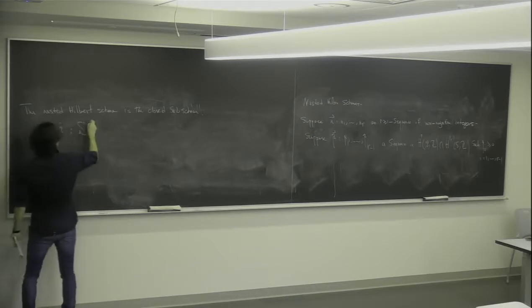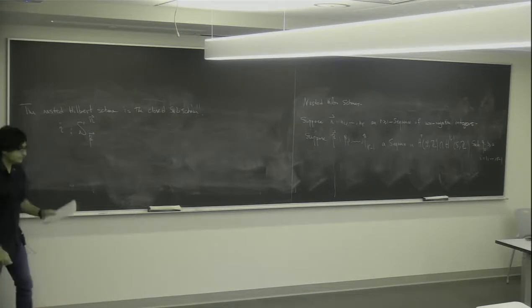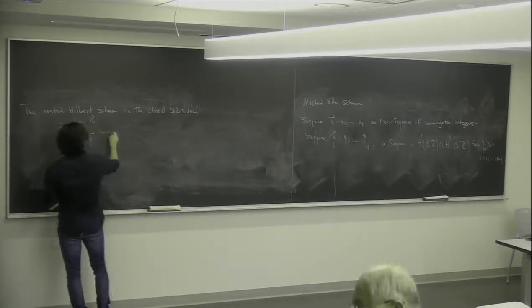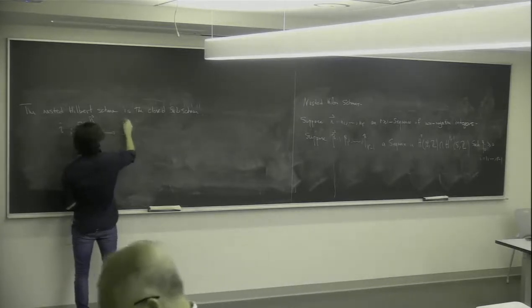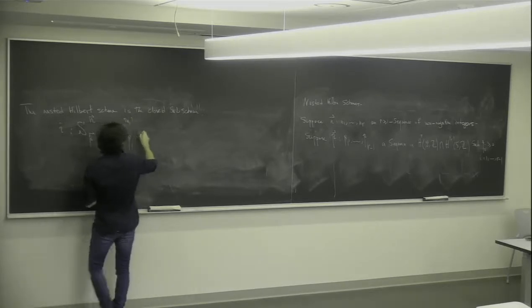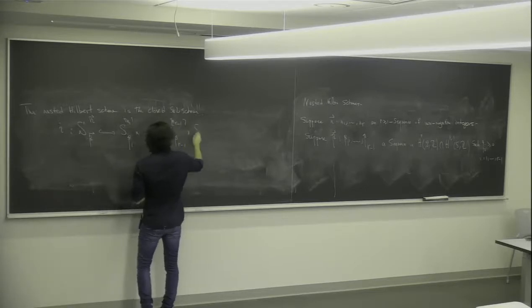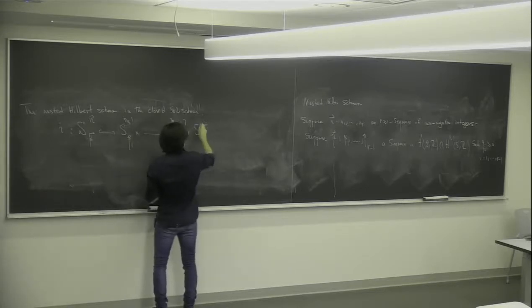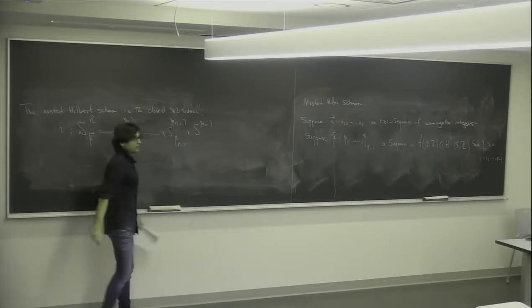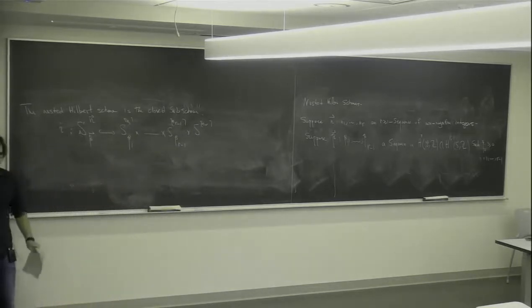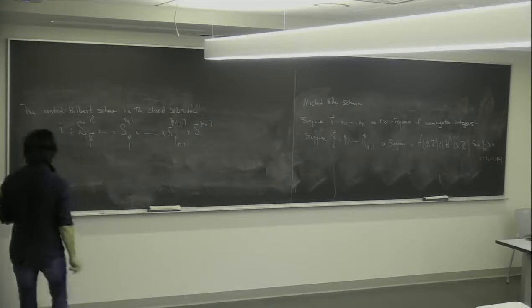I call it S of n, beta, and it sits inside S of n1, beta 1, times S of n r minus 1, beta r minus 1, times S of n r, right? Because we have r minus 1 many curve classes. The last one doesn't come with any curve class.